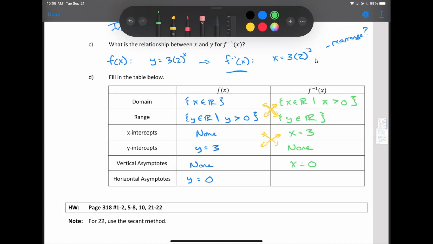And horizontal asymptote, it had none. One more time, just the connection between the x's and the y's kind of swapping off their spots.